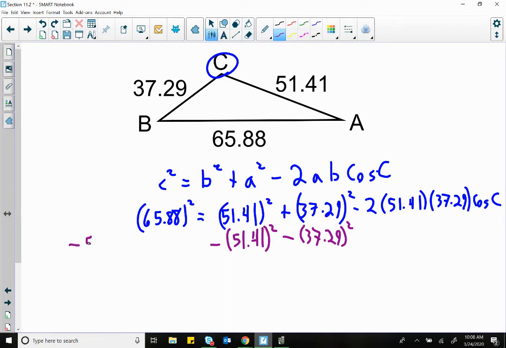So minus 51.41 squared minus 37.29 squared.